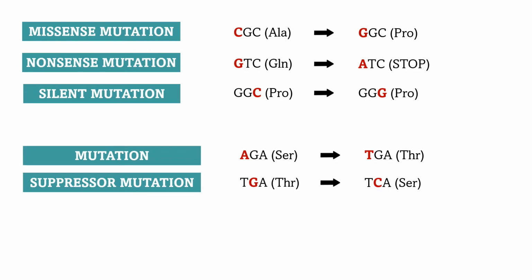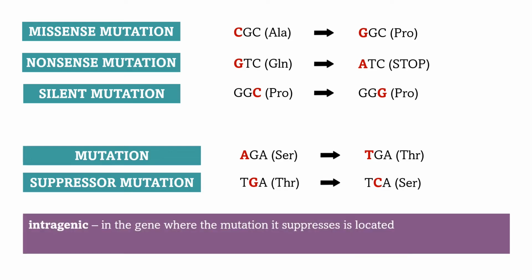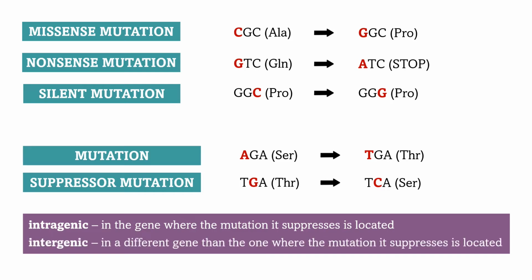Now there are two types of the suppressor mutation, intragenic and intergenic. The intragenic suppressor mutation occurs in the gene where the mutation it suppresses is located. The intergenic suppressor mutation, on the other hand, occurs in a different gene than the one where the mutation it suppresses is located.